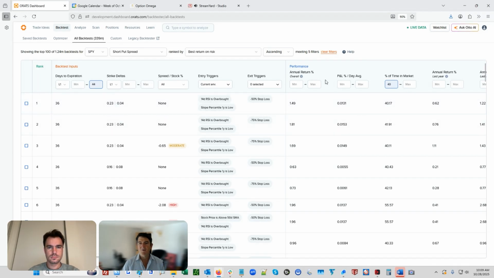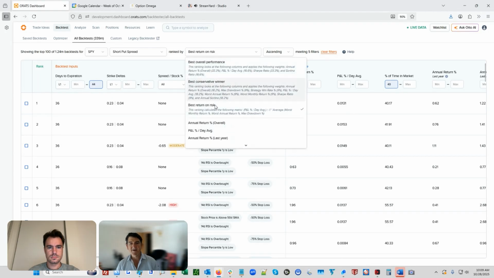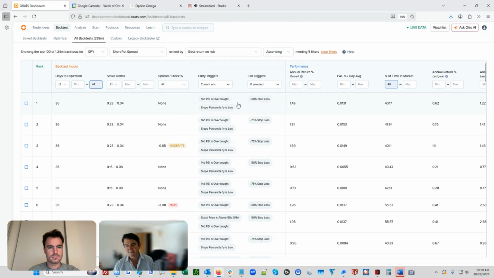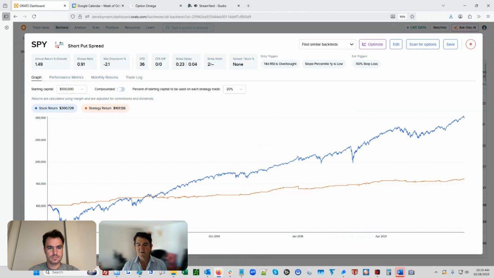So what best return on risk looks at, that's why we look at this P&L by day, is what I like to look at, because you don't want to penalize yourself, even though this is actually quite a good return. This is almost a 4% return if it was in the market all the time. So you want to look at percent per day, and it's an accurate way to look at your capital.